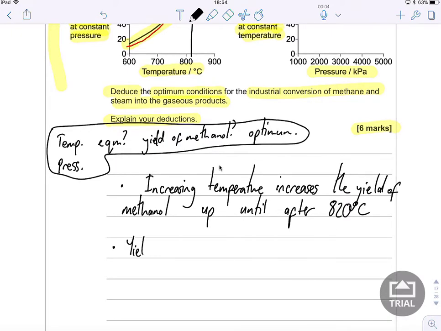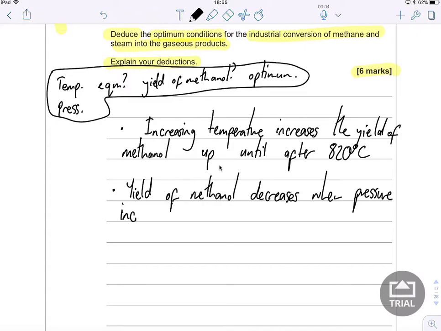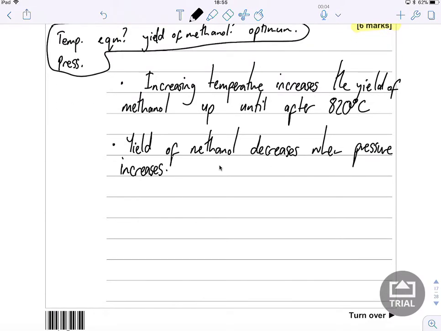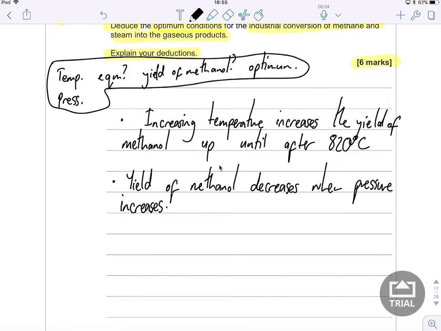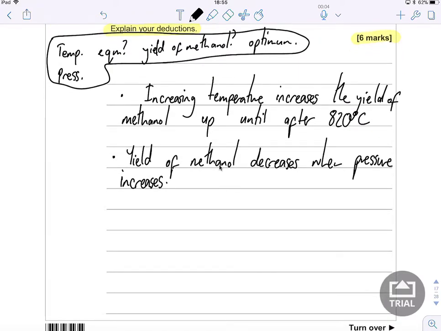So the yield of methanol decreases when pressure increases. Okay, so now what I need to do is talk about what I would choose in terms of the optimum conditions for the process and say a little bit about each.